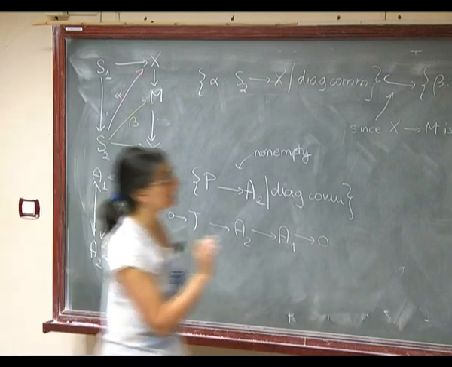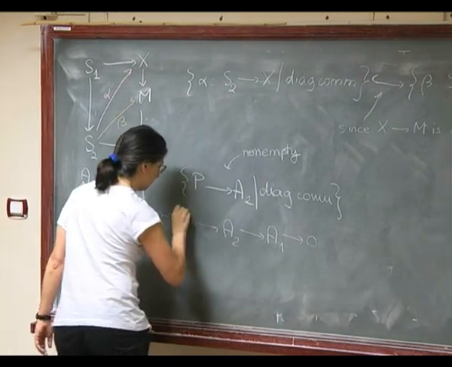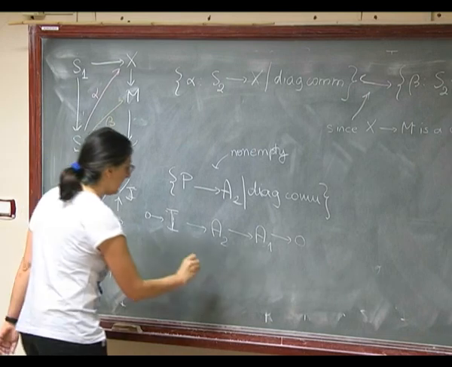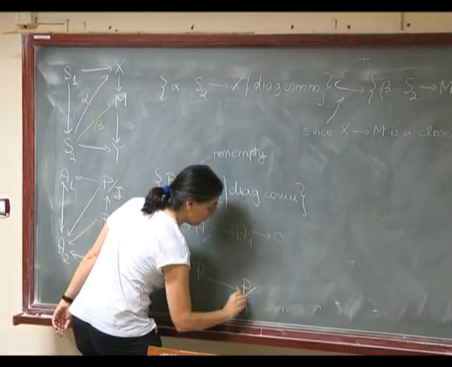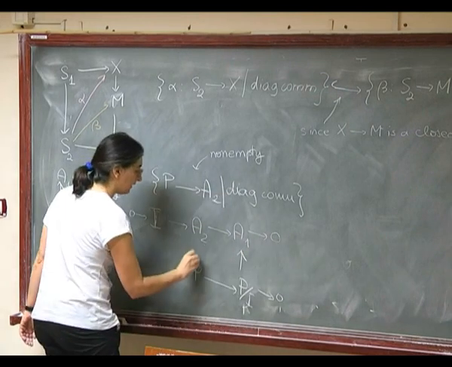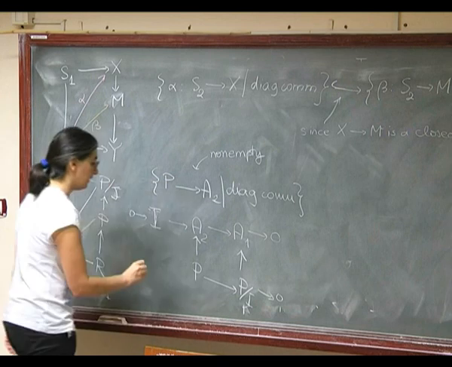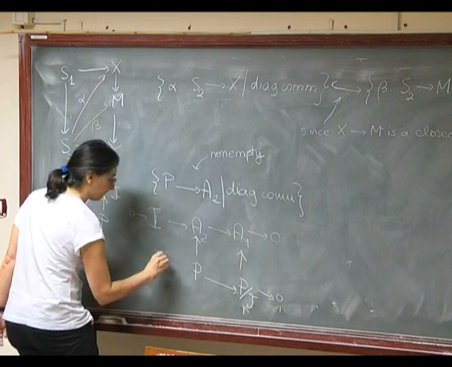Or let me check, no, this was J, and this was I. Okay, and then I have my P mod I goes to A1, and P mod J, and this is J.